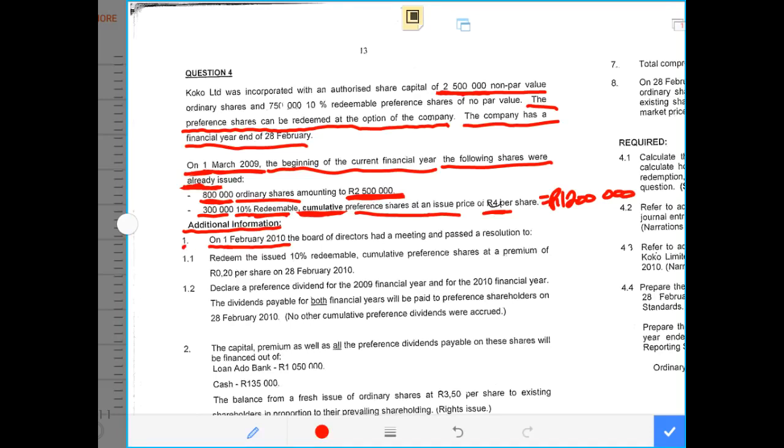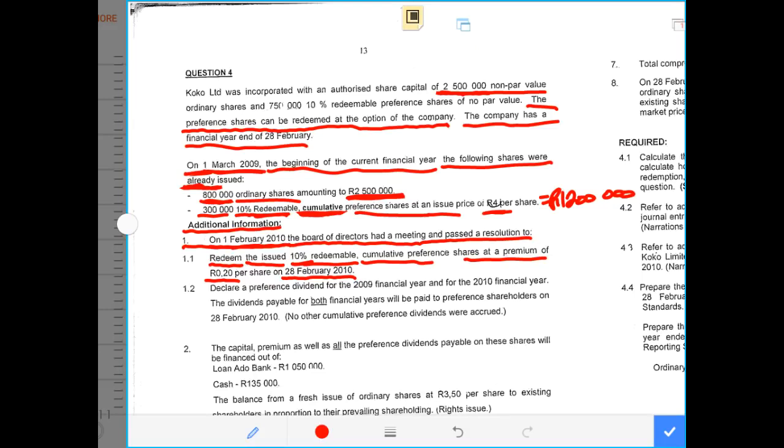So now they say on the 1st of February 2010, the board of directors had a meeting and passed a resolution to redeem the issued 10% redeemable cumulative preference shares at a premium of 20 cents per share on the 28th of February 2010. So now we are given the date in which the redemption took place.